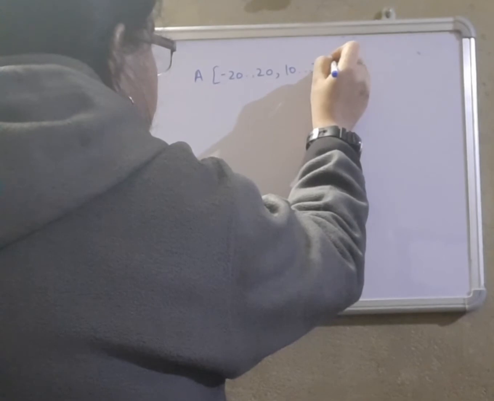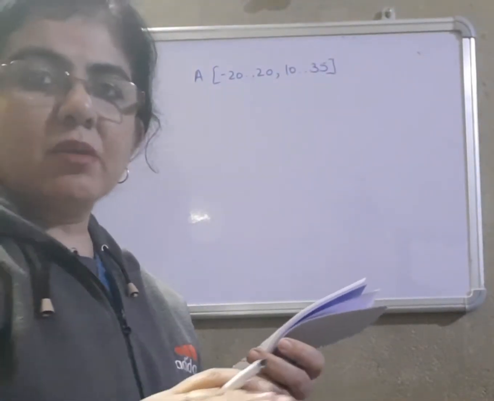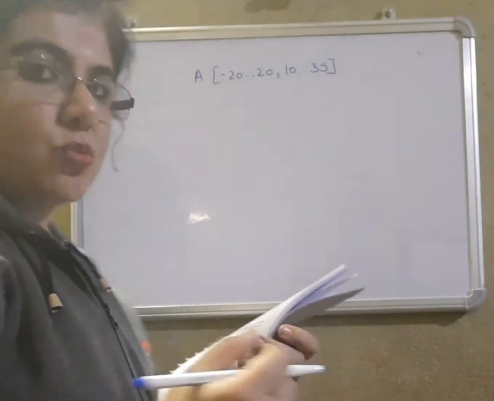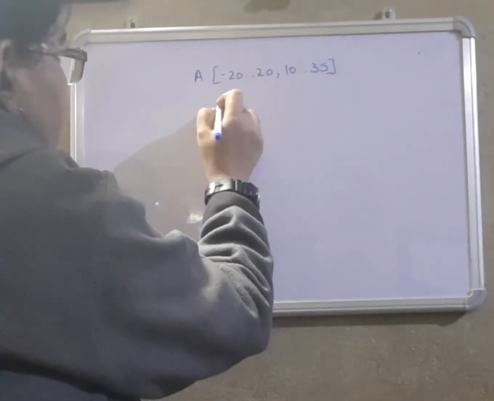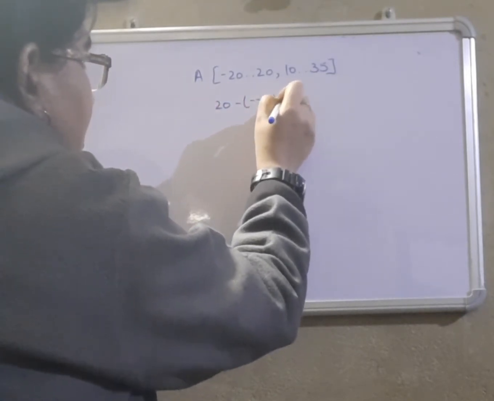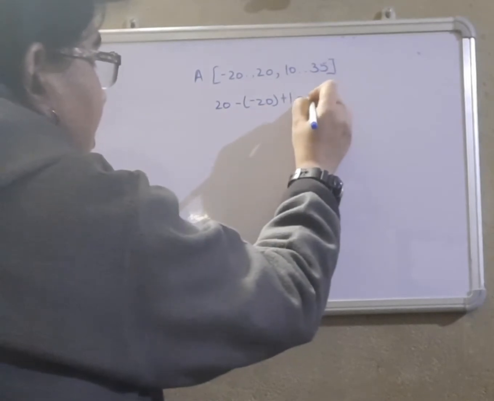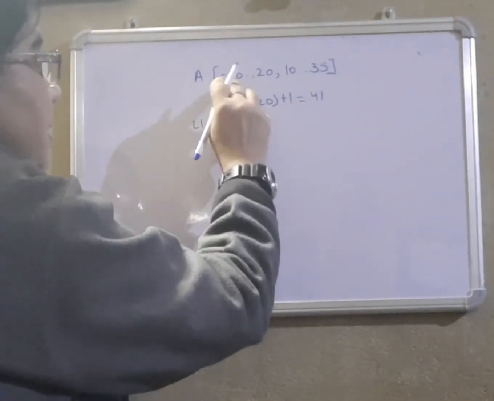10 to 35. But since the question is saying column major, we require only to calculate the total number of rows. So as I told you the formula, upper limit minus lower limit plus 1. 20 minus minus 20 plus 1 will become 41. L1 is minus 20.